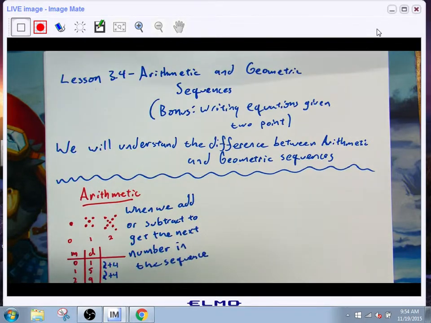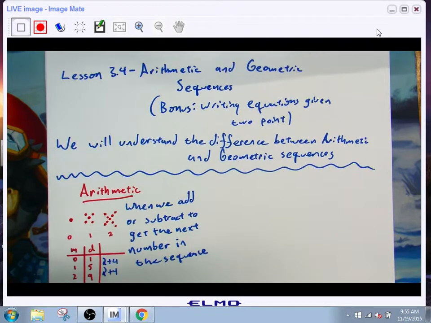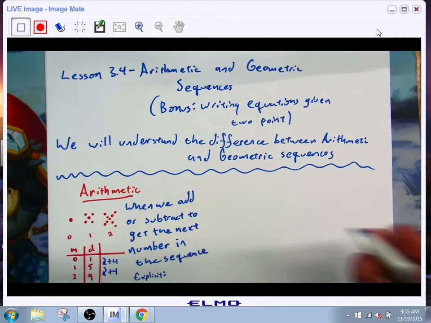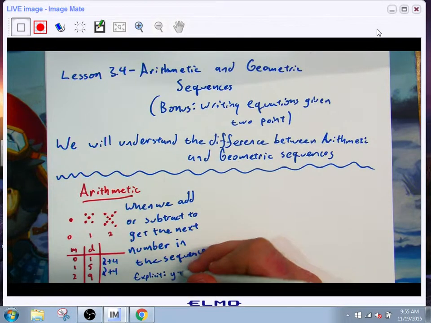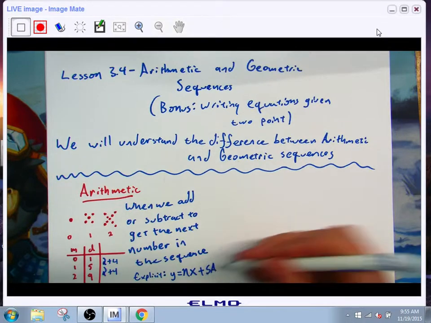Okay? It will typically look like this. If we have the explicit formula, it will typically look something like y equals some number times our x plus whatever our starting amount is, right?